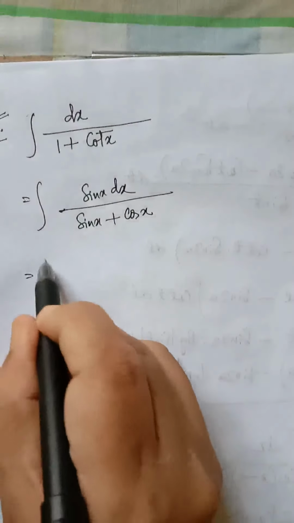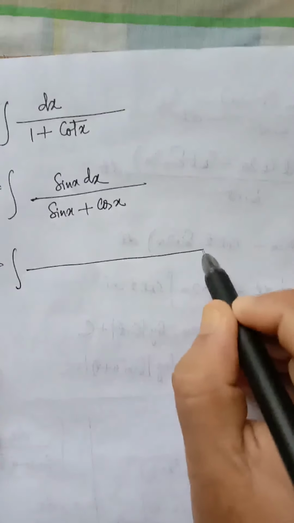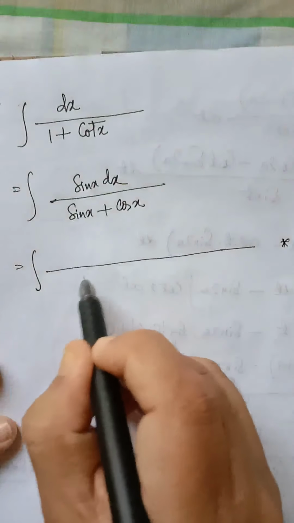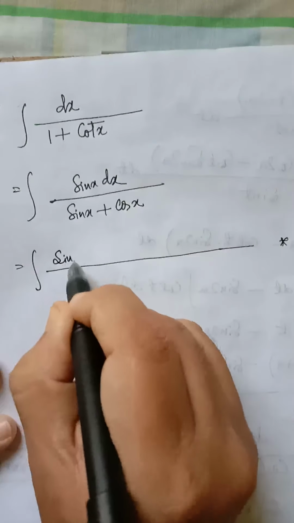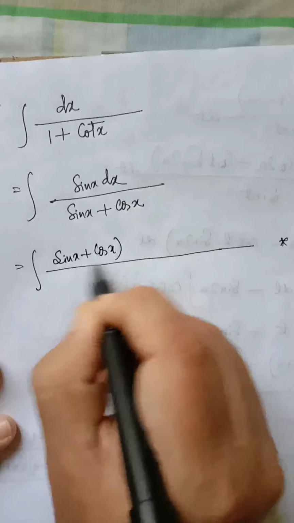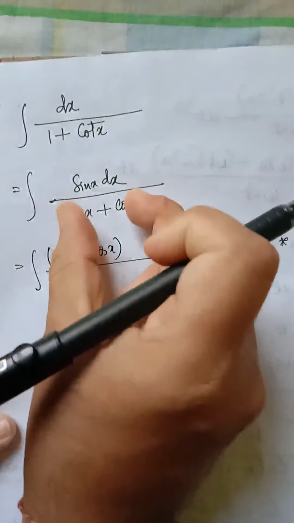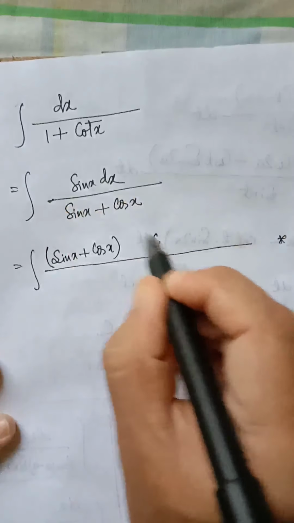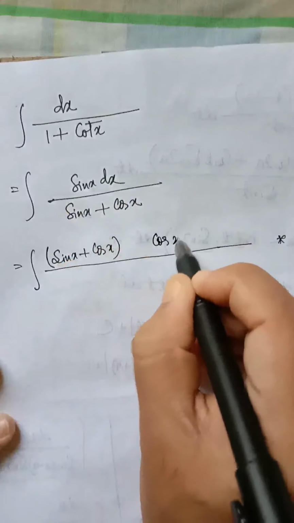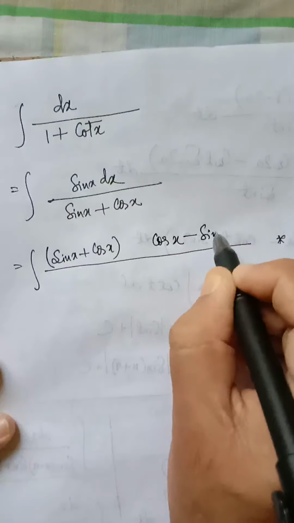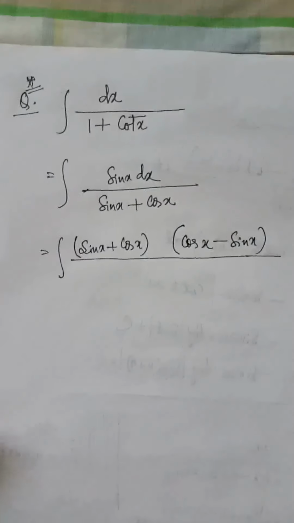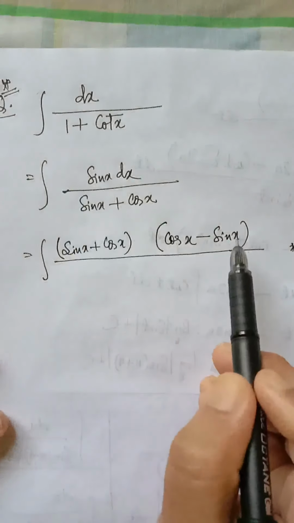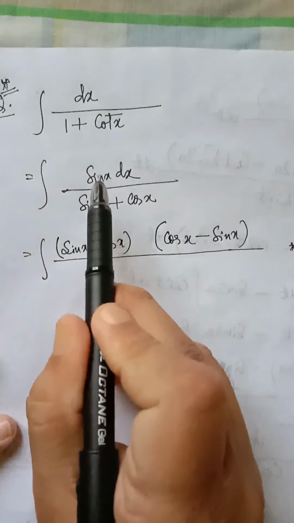In the next step, you see this is the most important step. What we will do, first we will write the denominator. Our denominator is sin x plus cos x. We will first write sin x plus cos x in the numerator, and its derivative: the derivative of sin x is cos x and the derivative of cos x is minus sin x. So we will write these two in the numerator. First we have written sin x plus cos x, then its derivative, and we need sin x in the numerator.